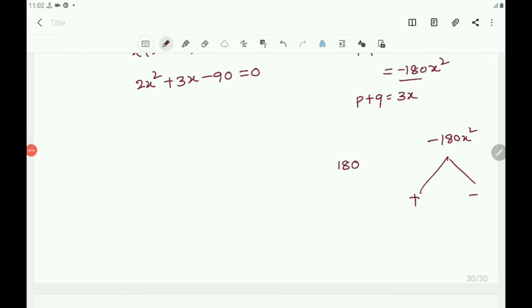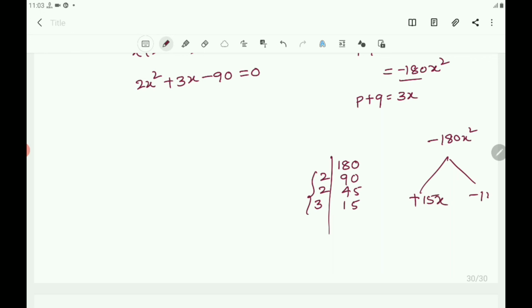Factorize 180: divide by 2, 2 nines are 18, 2 fives are 10, then it is divisible by 3, 3 fives are 15, and 3 fours are 12. So you get 15x and 12x.